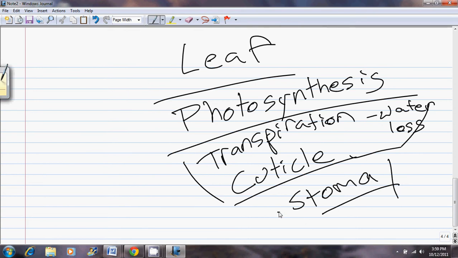So the stoma can open and it can also close, in order to let gases in and out, and to try and keep as much water in as it possibly can. And so that's pretty much everything that we talked about up to this point.